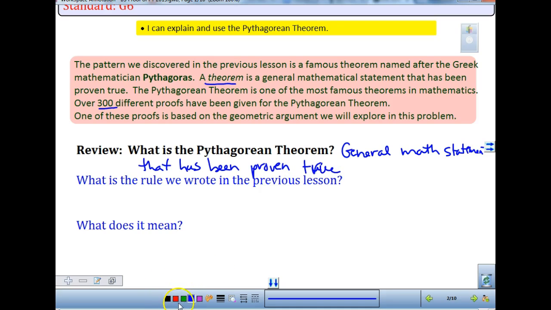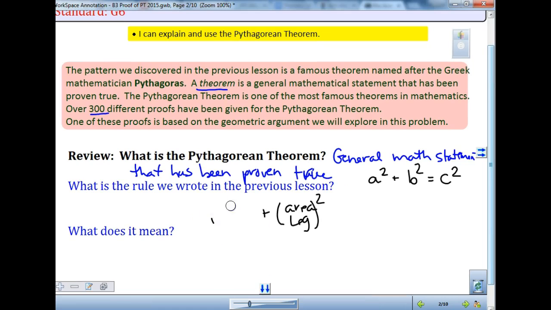The theorem comes out to be a squared, so a side squared plus another side squared, or leg squared, equals the hypotenuse squared.